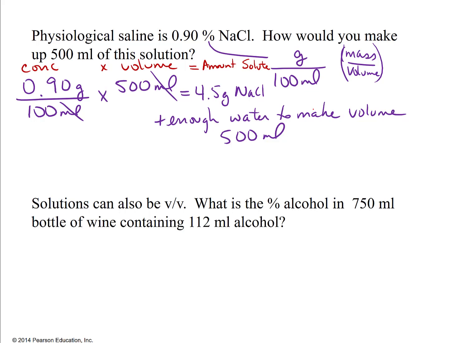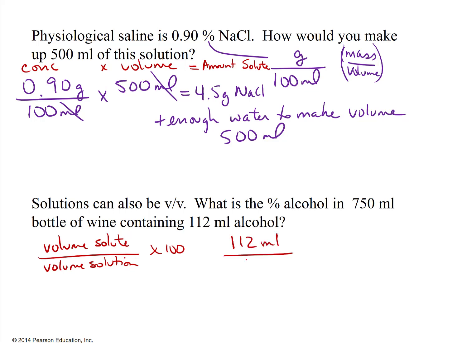So how do you figure out the percent solution? What is the volume of the solute? 112. It's how much the solute is compared to the entire amount, multiplied times 100.